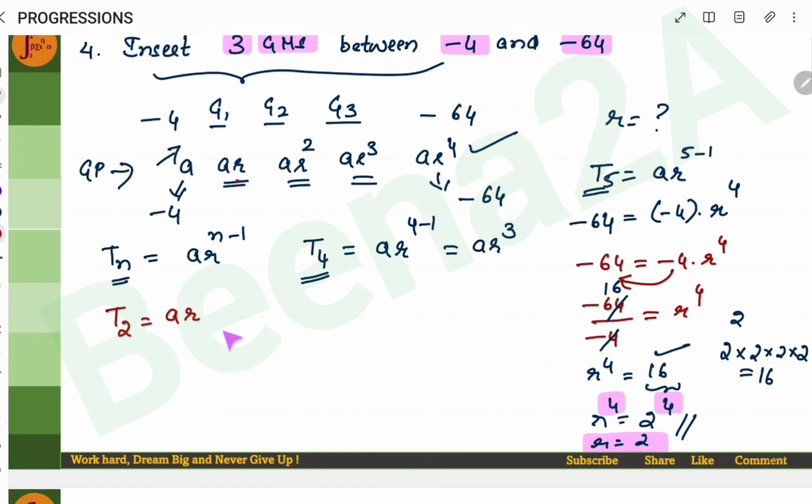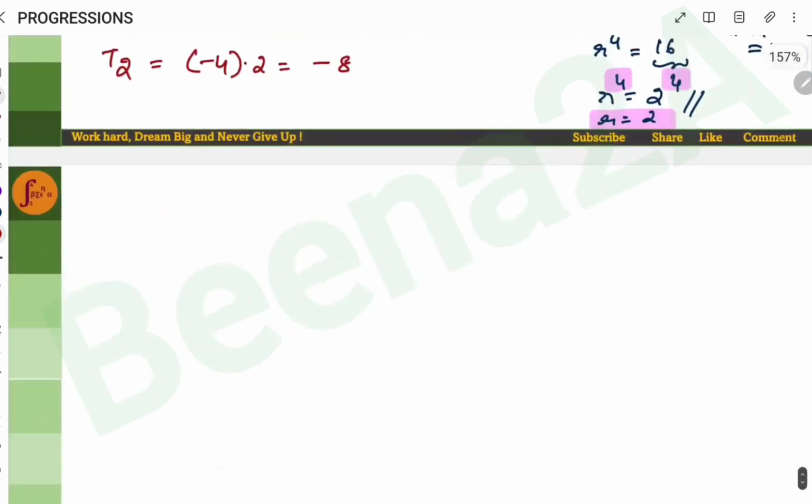So you can either use this formula. So A R in second term you have to find. So 2 minus 1. So I'll get A into R. Now what is A? It's minus 4. What is R? It is 2. So minus 8. So second term is minus 8.